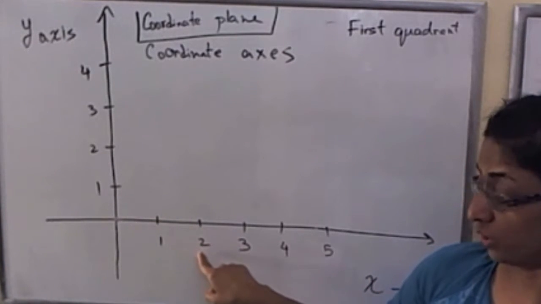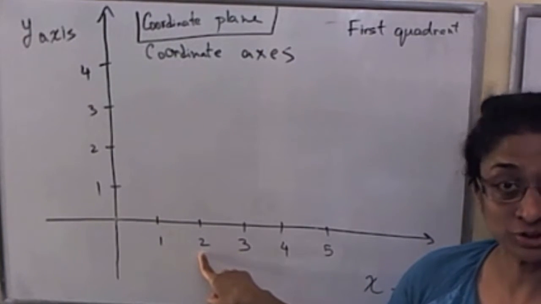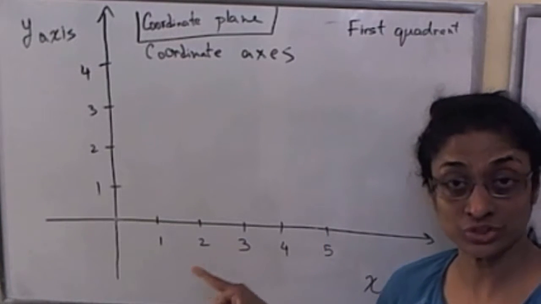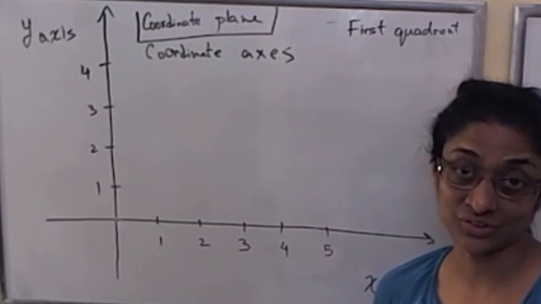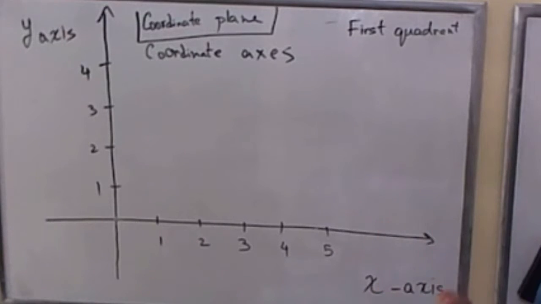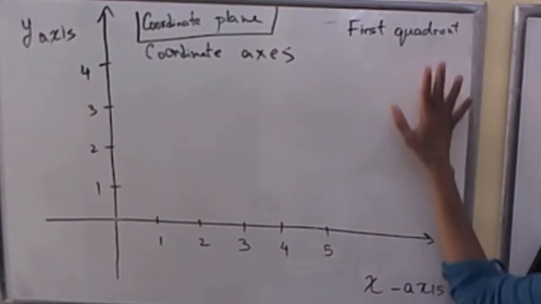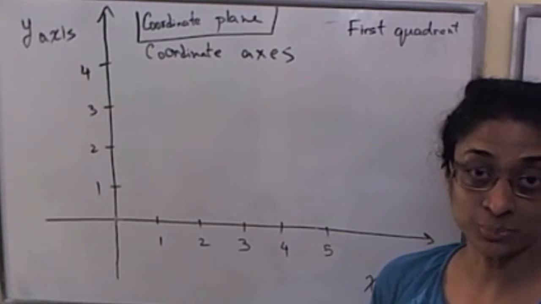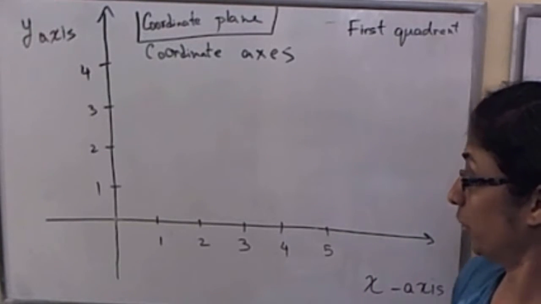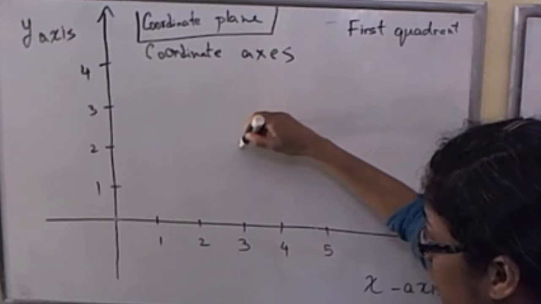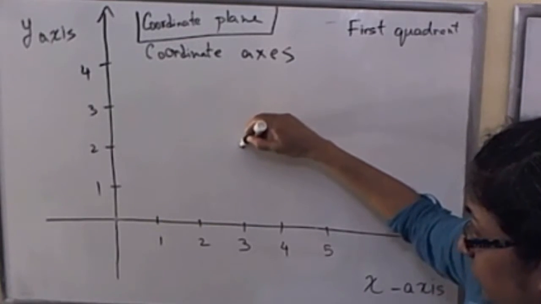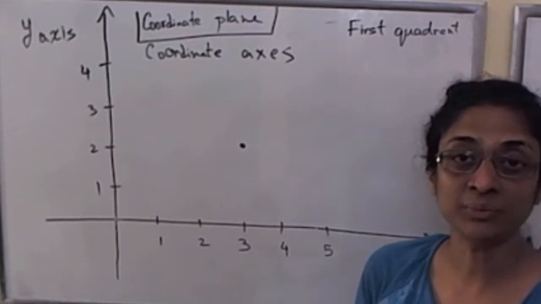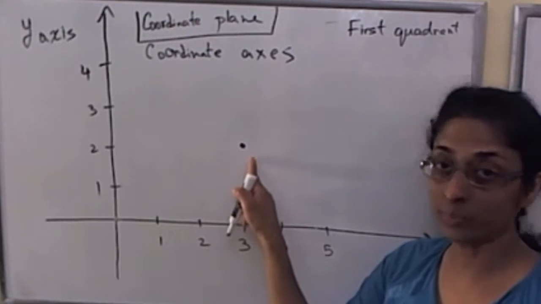We know the name of this point, it's 2. And we also discussed some other points whose names are fractions. So now what we do out here is a similar discussion. In the first quadrant, we look at various points. So let me take a point. I'm going to pick this point out here. I would like to give a name to that point.